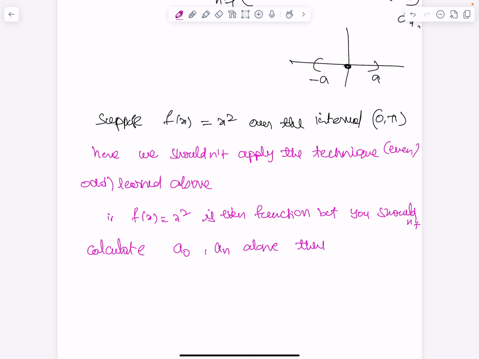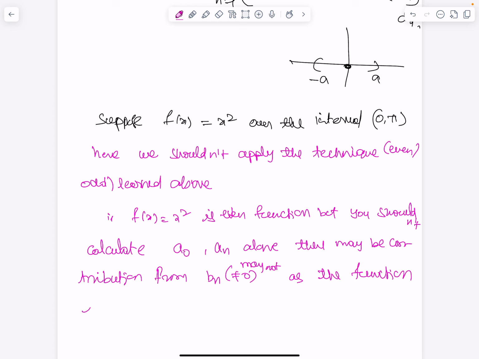There may be a contribution from bn which may not be 0, as the function is defined over 0 to pi, not over the interval minus pi to pi or minus a to a.